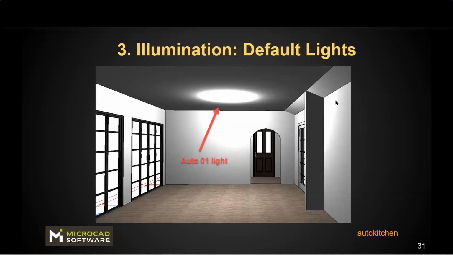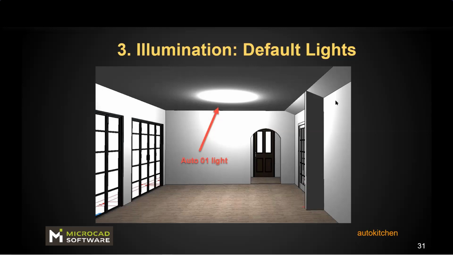Both lights, we haven't touched them, so by default, they are placed in the center of that space. They have a particular value for intensity and a particular value for elevation. Everything is automated, so based on the size of the kitchen, the length of the walls, the height of the ceiling, the software decides what kind of auto light you want.